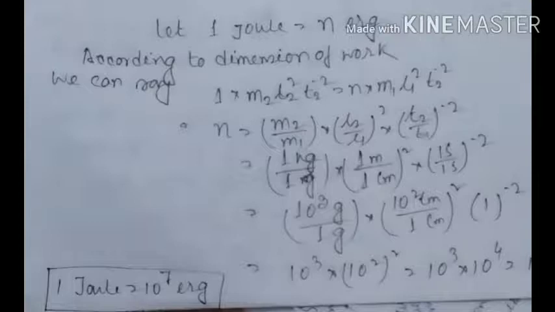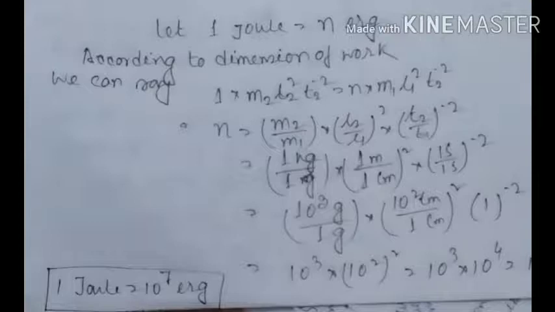So M2 by M1, L2 by L1 and T2 by T1. Now we will use the values of M2 and M1. We will use the value of M2, that is 1 kilogram, the value of L2, that is 1 meter, and T2 is 1 second.